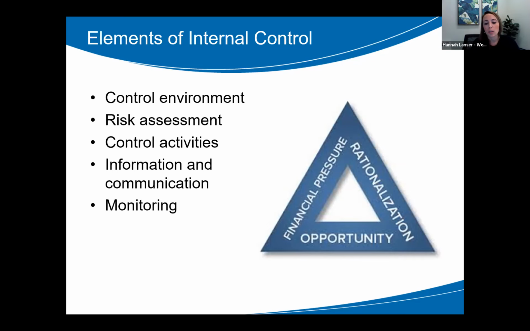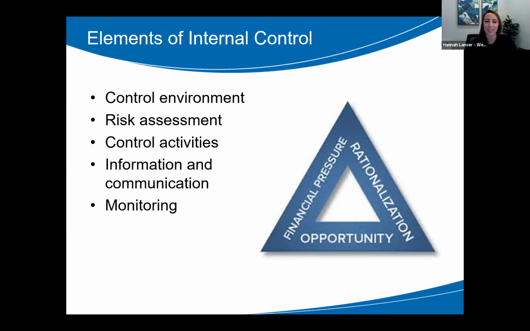Information and communication is essentially how information gets shared in our organization. What's the effectiveness of that? What are we measuring? And who are we telling? Finally, monitoring is knowing what control activities are happening and making sure they're happening.